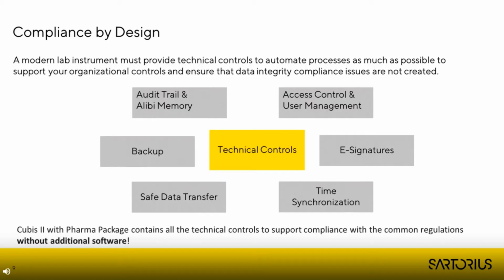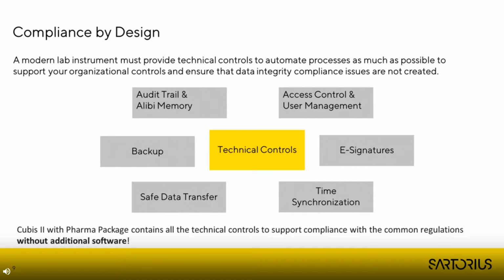So when you buy a new laboratory instrument, you should make sure that the instrument has all the technical features to support you in implementing the data integrity requirements. What are these features? First of all, the instrument should have a comprehensive audit trail. It should provide you a user management with personalized user accounts, an electronic signature function.